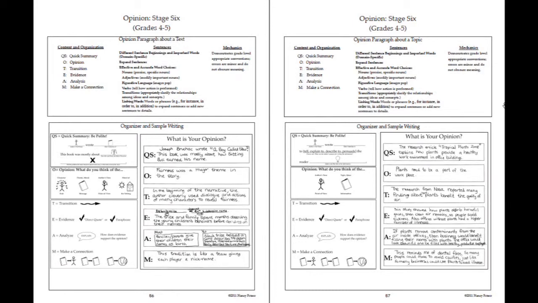Page 56 and 57 both show stage 6. Just like in the previous pages, this stage requires 2 different pages. That's because on page 56, this is an opinion about a story, which is more like, again, the response to literature. And on page 57, this is about a topic that you're having an opinion for.